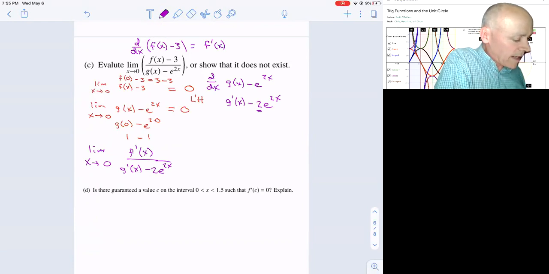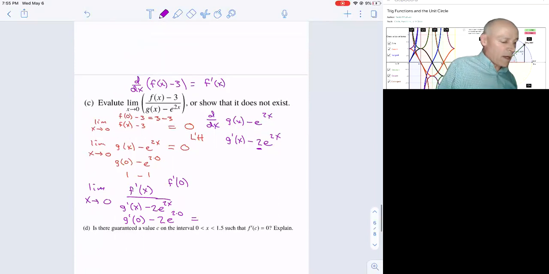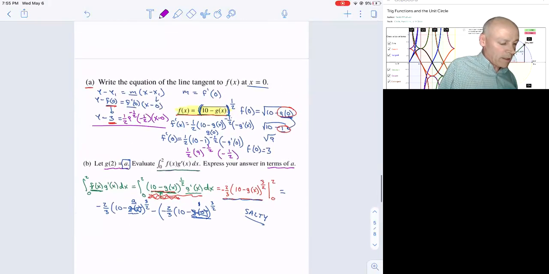Easy, tiger. Okay, now I am going to plug in, as x approaches 0, so I'm going to have f prime at 0 for my numerator. And then I'm going to also plug in the denominator, g prime at 0 minus 2 times e to the 2 times 0. Well, the denominator, g prime at 0, seems familiar.